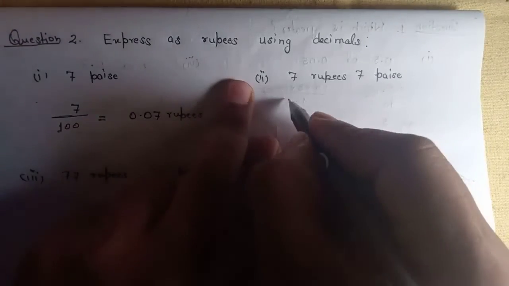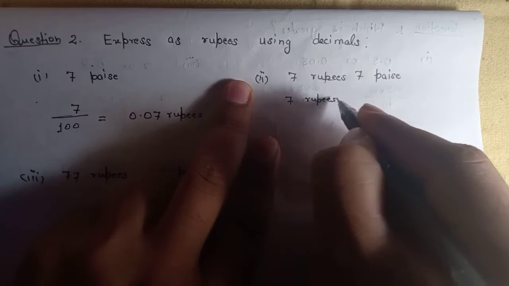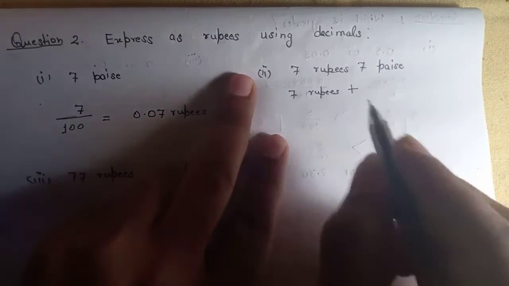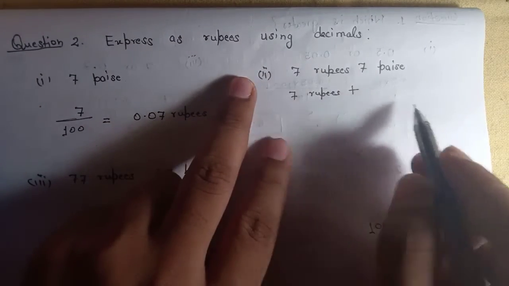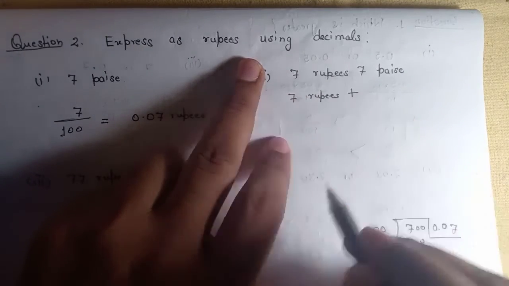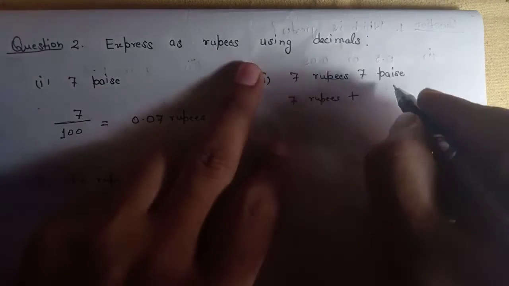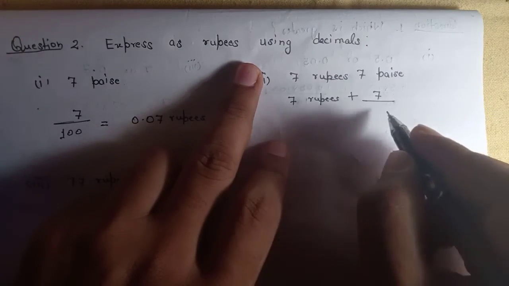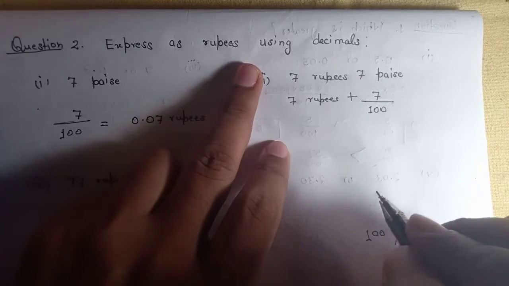Write 7 rupees, and this 7 paise are added to 7 rupees. So convert this 7 paise into rupees. When you convert this 7 paise into rupees, you have to divide by 100 because there are 100 paise in a rupee.